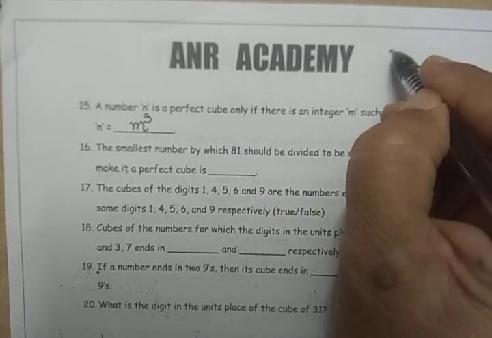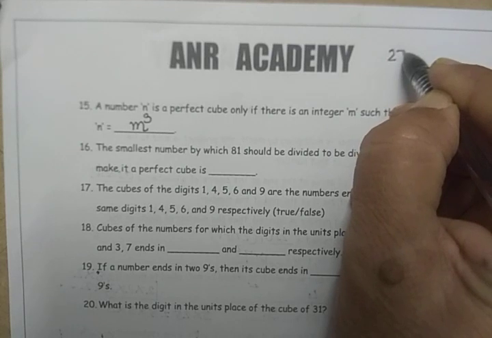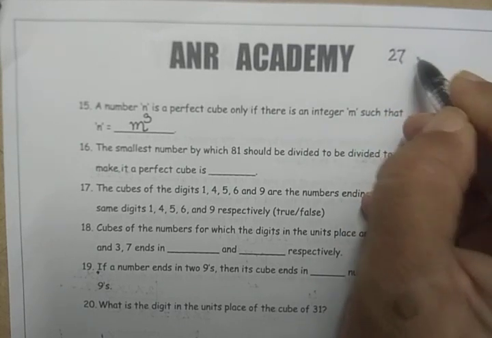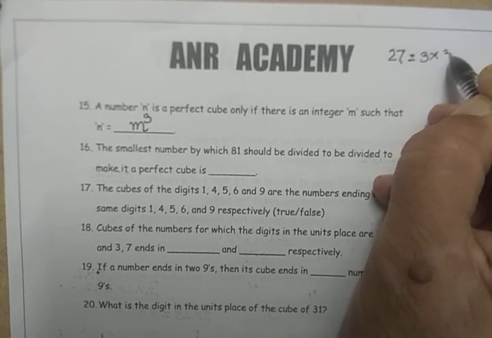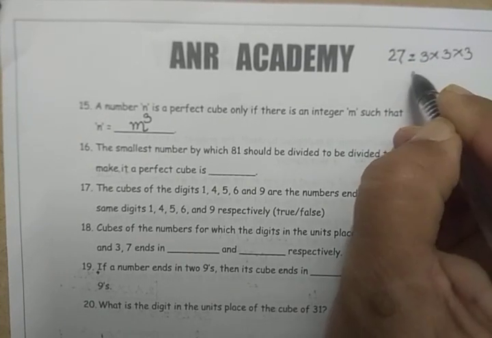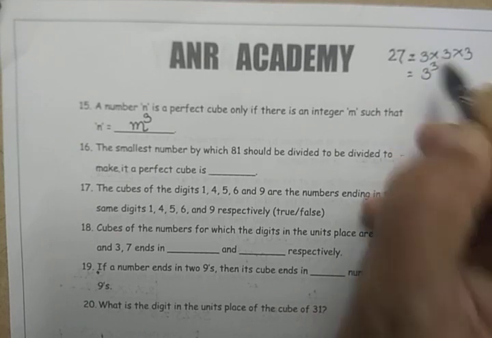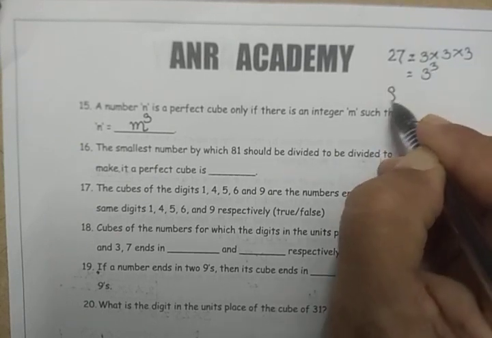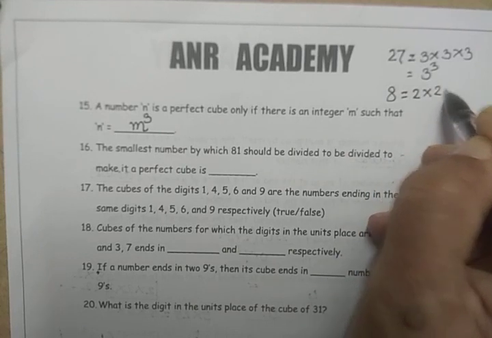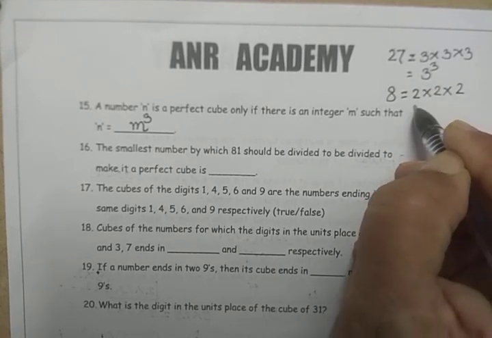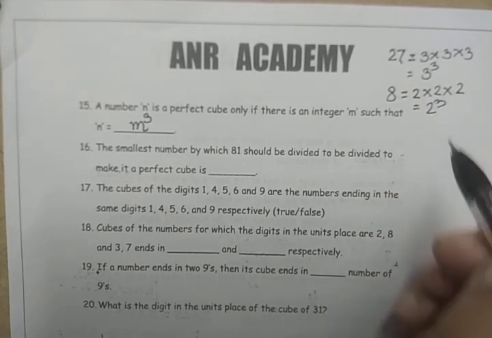You see, 27 is a perfect cube because we can write it as 3 into 3 into 3, or 3 cube. In the same way, 8 is a perfect cube. The reason is we can write 2 into 2 into 2, or 2 cube.